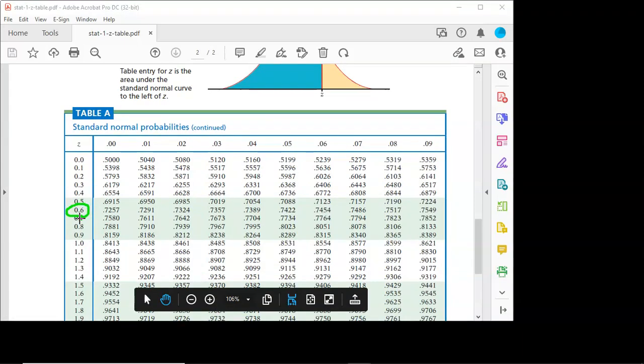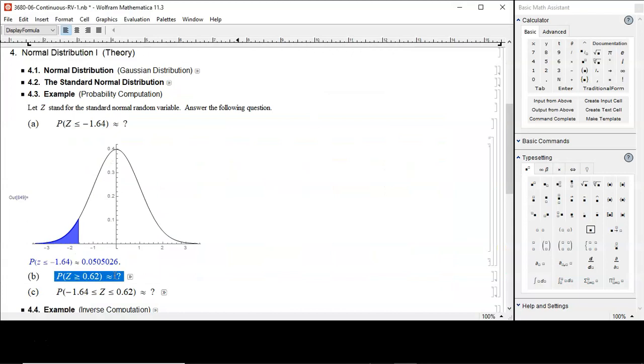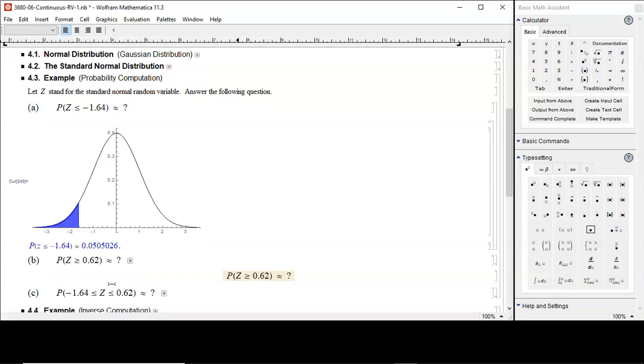So 0.6 is here. 0.62, so we are looking at this one, right? 0.7324. So 0.7324. Is that right?